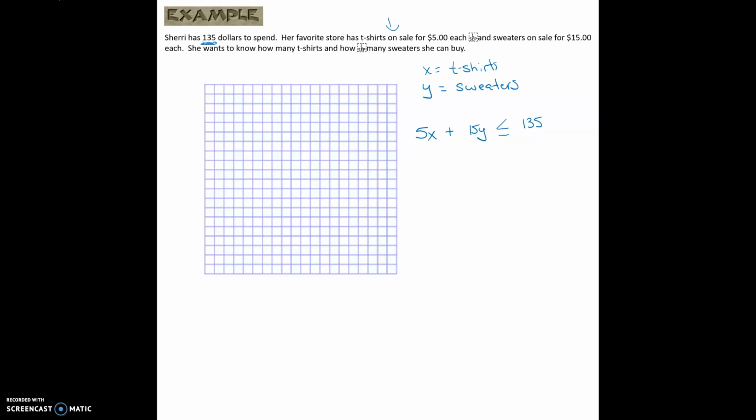Now we're going to have to graph this. And once again, I'm just going to turn it into that y equals mx plus b format. So I'm going to move this 5x over to the other side. And then I'm going to divide both sides by 15.